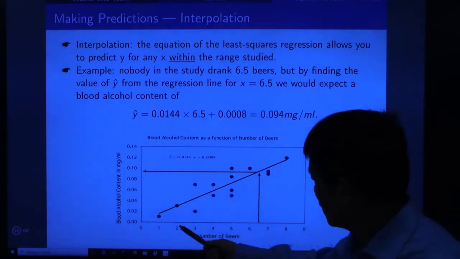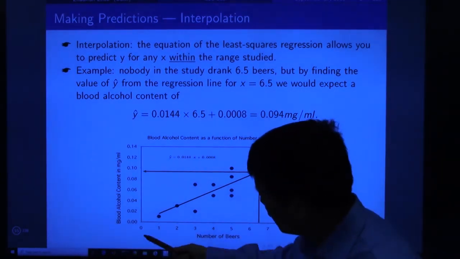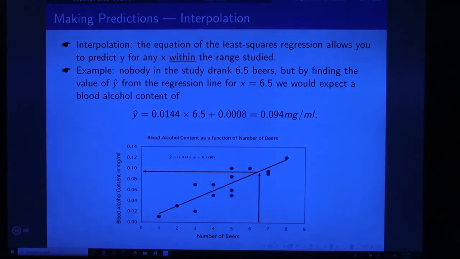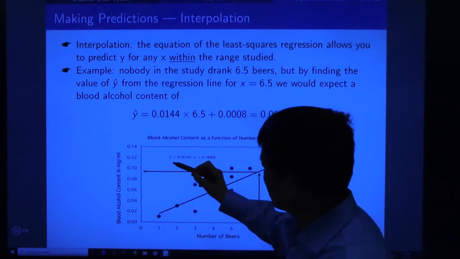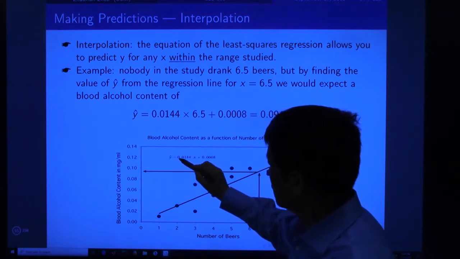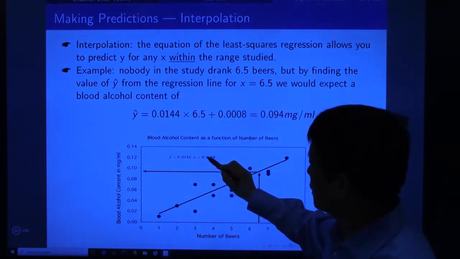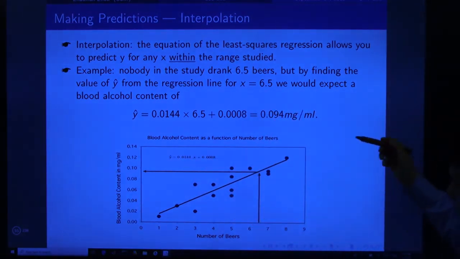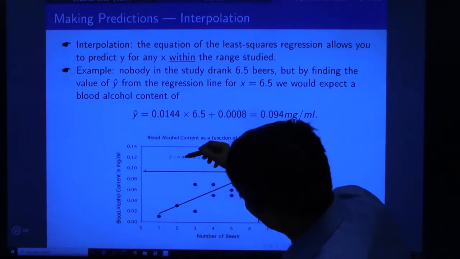Because we are given these x values and these y values, we can easily use the method we discussed in the example to calculate the regression line. And this line is given by y hat equals 0.0144 x plus 0.0008. So the y-intercept equals this, and the slope equals this.